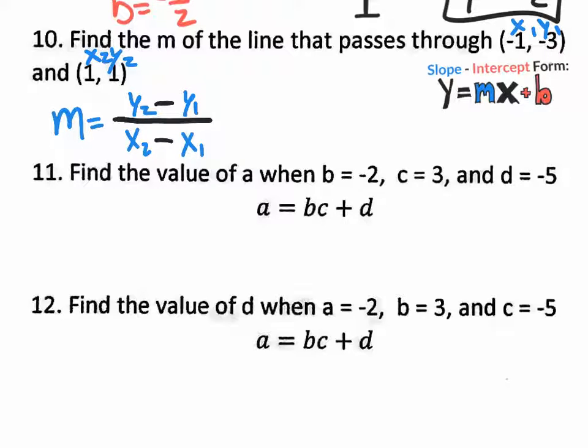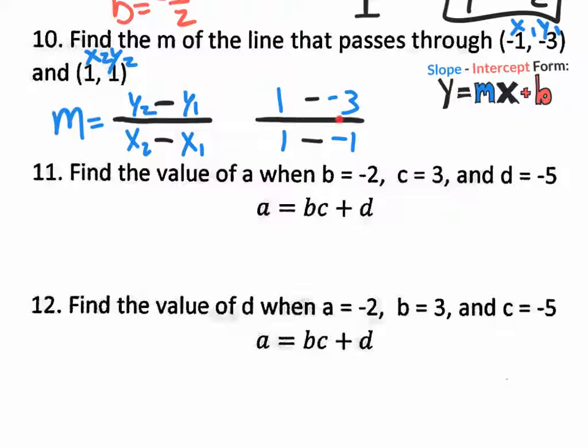So I put the slope formula with the division and the subtractions in black, so you could always start off with that, and then you plug in your y2 value, which happens to be 1. So our y2 value is 1, our y1 value is -3, our x2 value is 1, and our x1 value is -1.